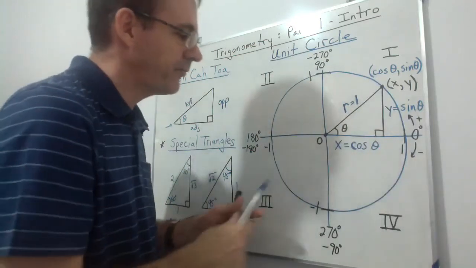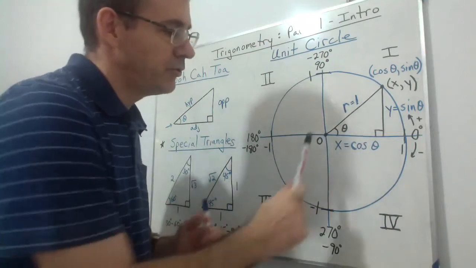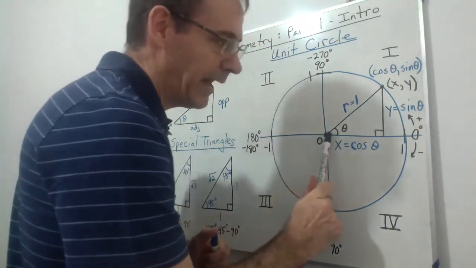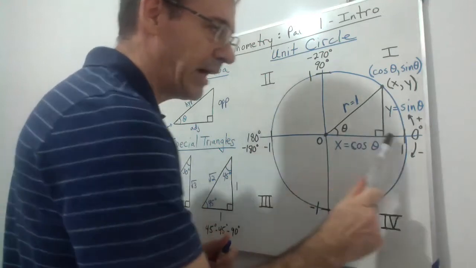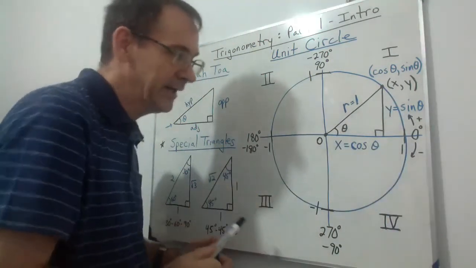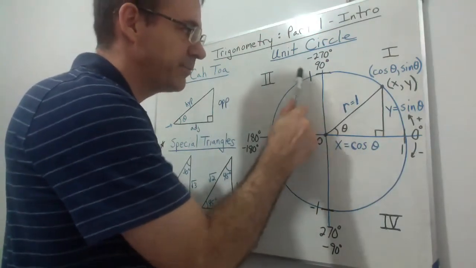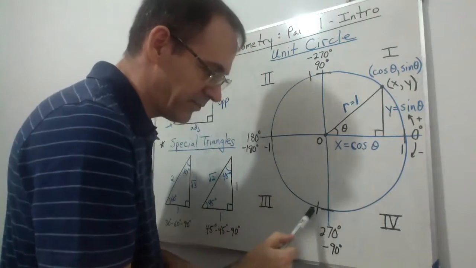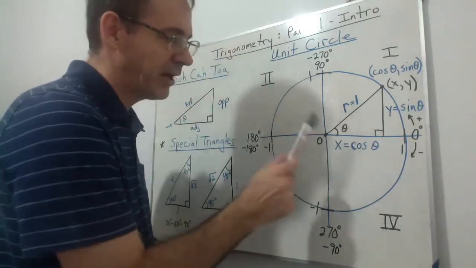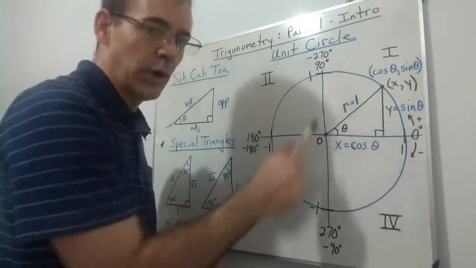So you start from your origin and you count in the x-axis direction, either positive, so here's +1, or negative, here's -1. You also count in the y-axis direction, here's the positive direction, +1, here's the negative direction, -1.